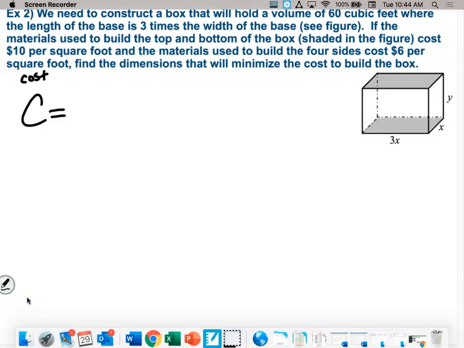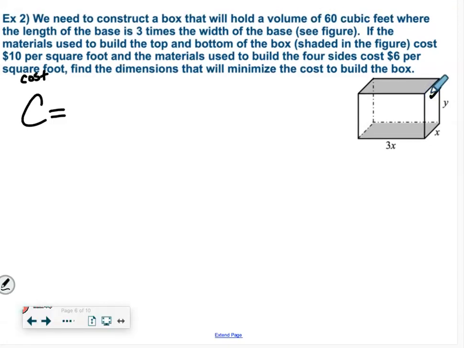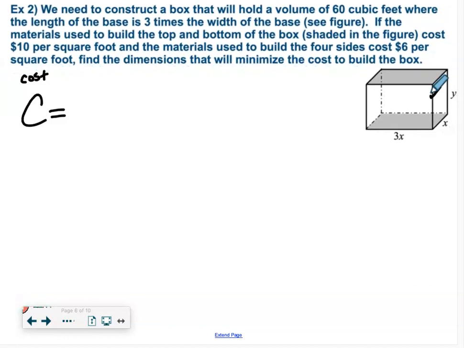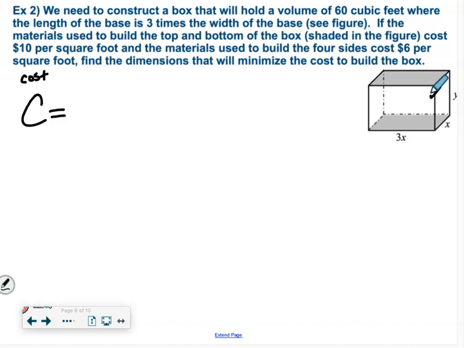So our cost, let's start with the sides here. This side and that side. So the 2 sides of the box. What would be the area of one of those sides?